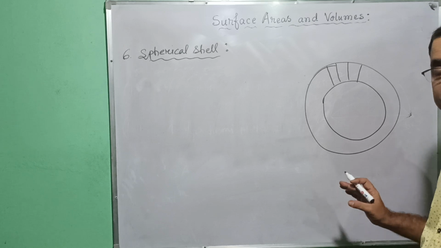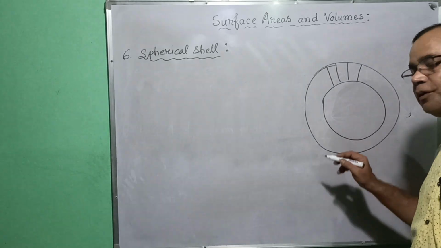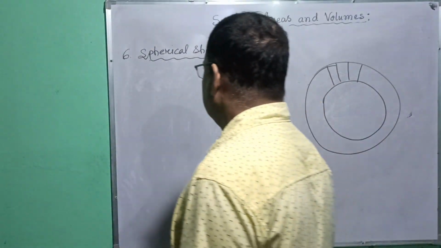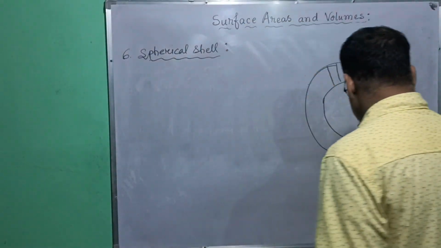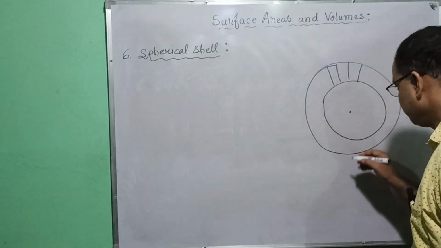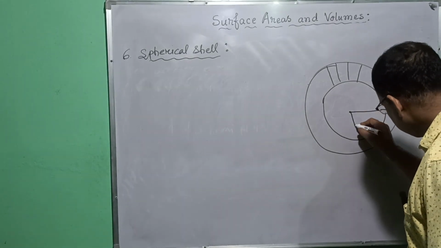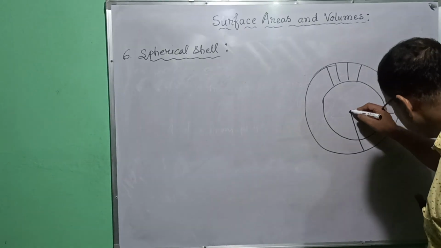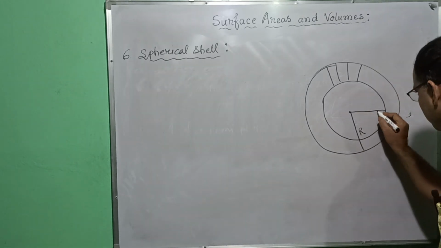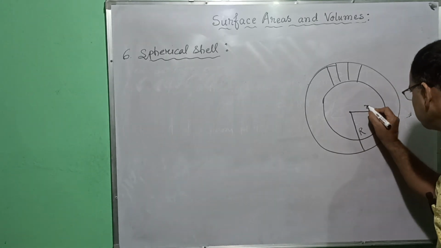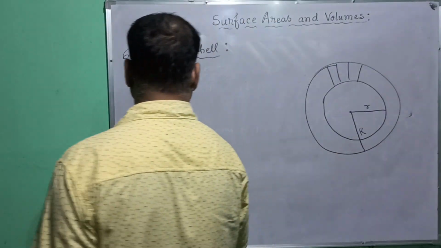If it is not perfectly solid, meaning the inside is hollow, then we can name it a spherical shell. In a spherical shell, if this is the center, then there are two radii. This one is called the outer radius, which we denote by capital R, and that one is the inner radius, denoted by small r.